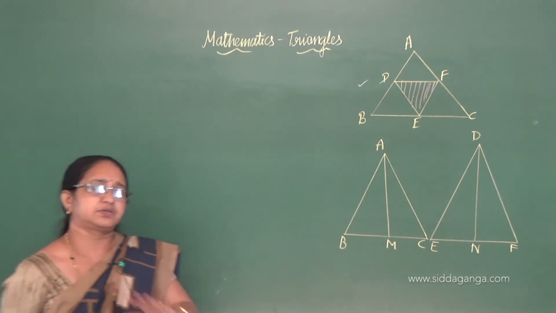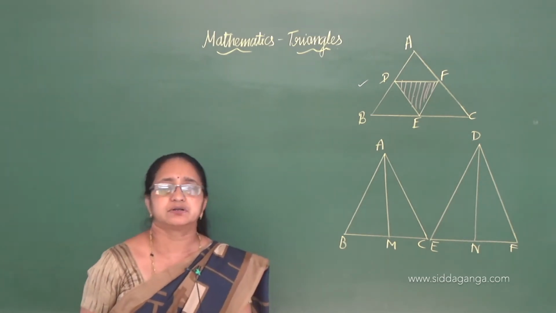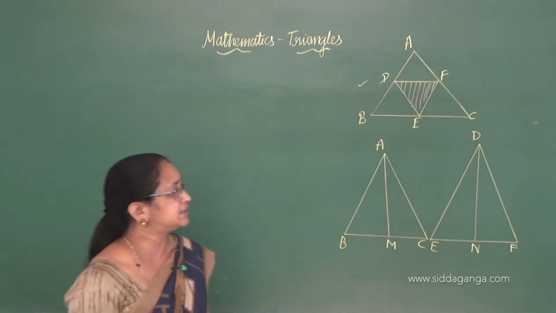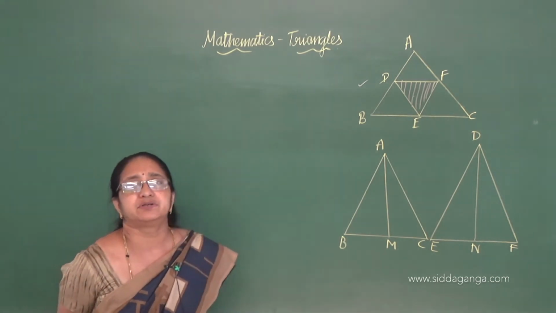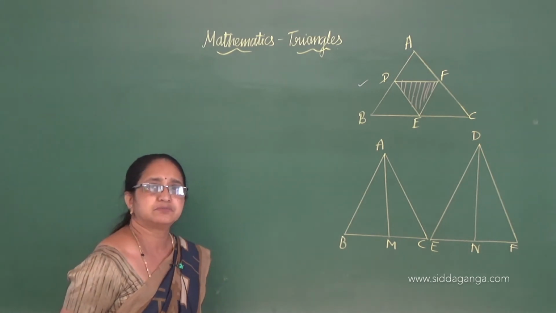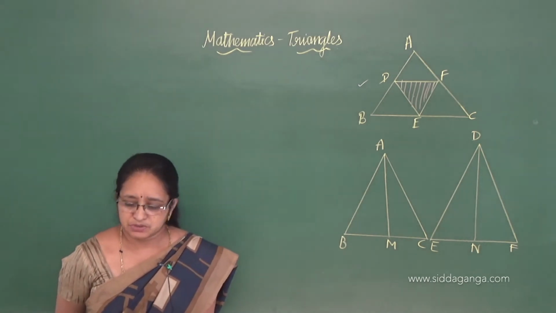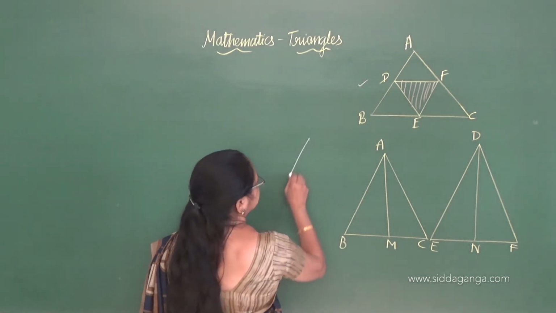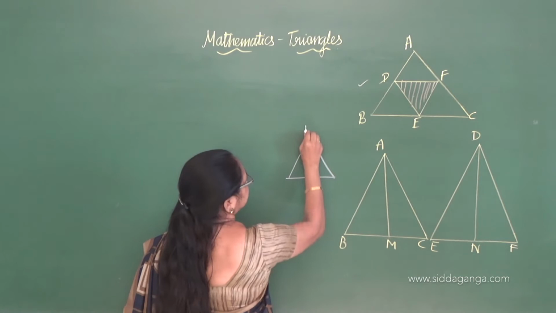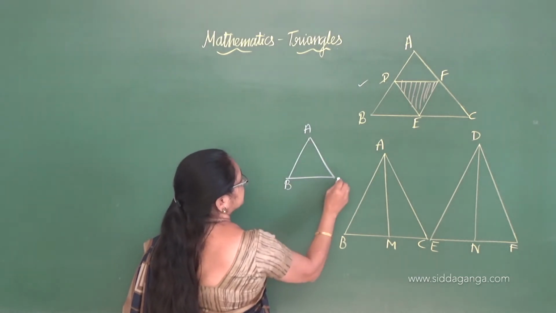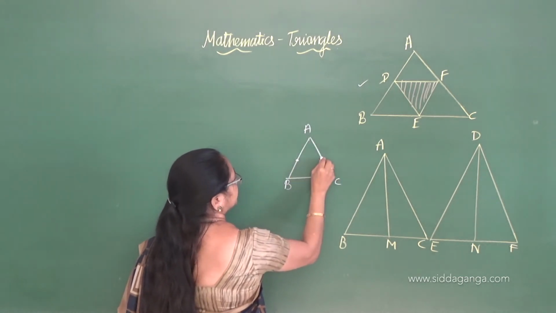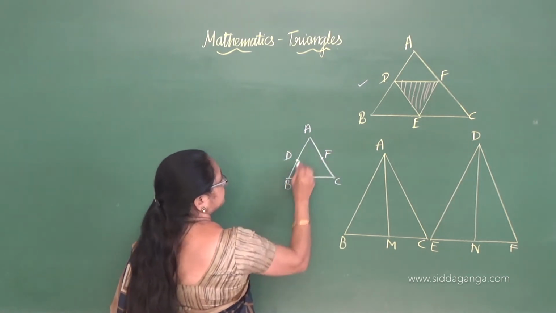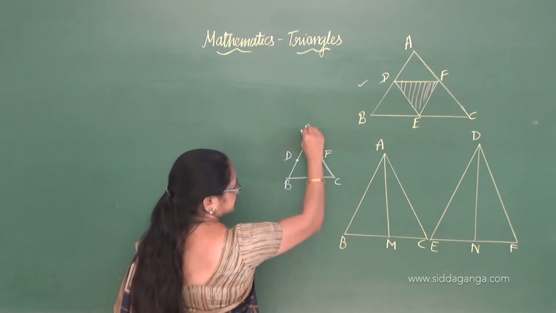Here, the basic knowledge you studied in 9th standard, one theorem was there, that is the midpoint theorem. I hope you can recall it. I will read out the statement for you. Suppose ABC is a triangle and D and F are the midpoints of AB and AC.